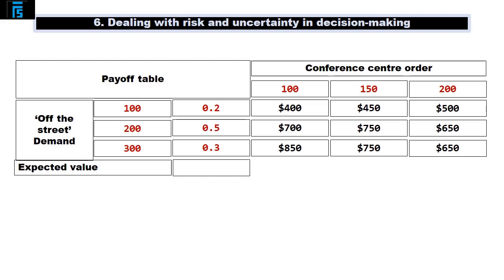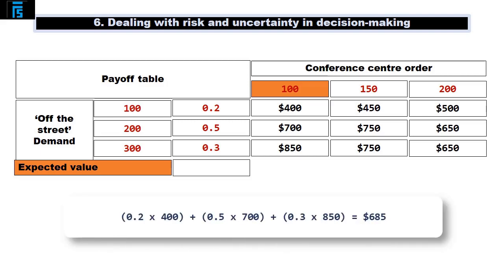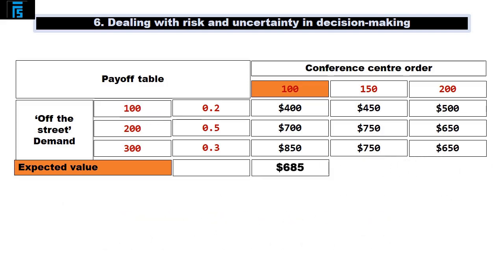We concluded that if Jack was risk neutral, he would make his decision using expected values on the balance of probabilities. We calculated this by multiplying the outcome by the probability of its occurrence. So for example, if Jack signs up to supply 100 sandwiches a day to the conference centre, the first column, he on average could expect a contribution of 0.2 times 400 plus 0.5 times 700 plus 0.3 times 850, which is $685.